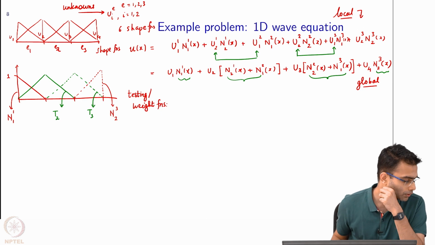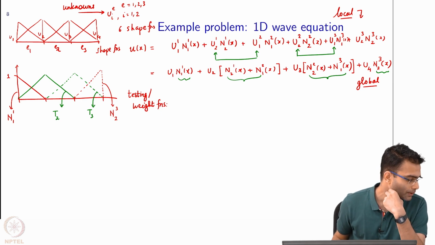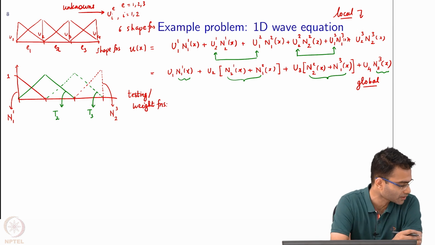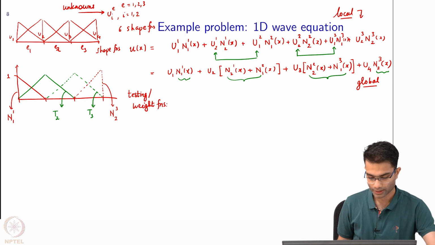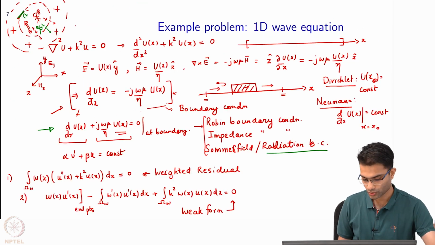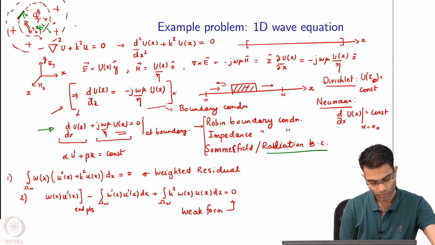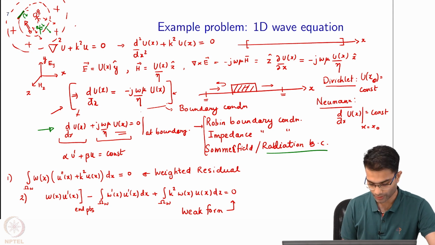Okay. So now let's go step by step. Let's do testing now with respect to each of these basis functions. So let's look back at our equation over here, and write this down.